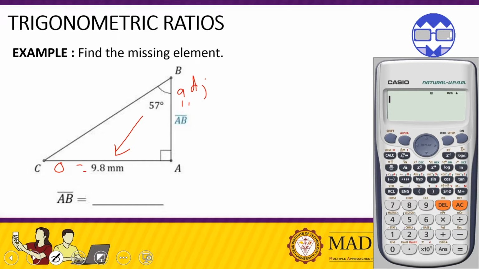So we're not given the hypotenuse. We have the given O and A. So from SOHCAHTOA, it's very obvious it's TOA. TOA is tangent of our angle. Given angle is 57 degrees.